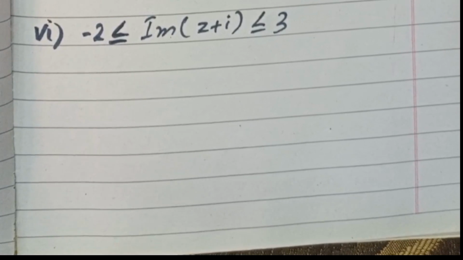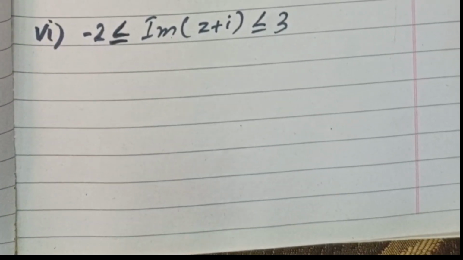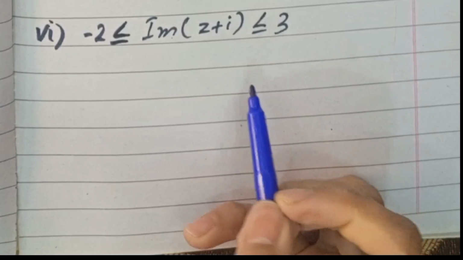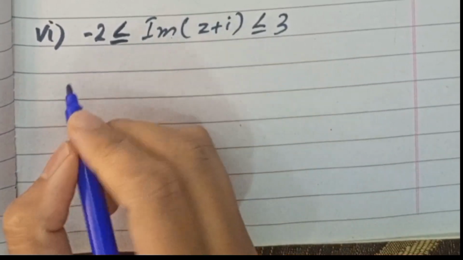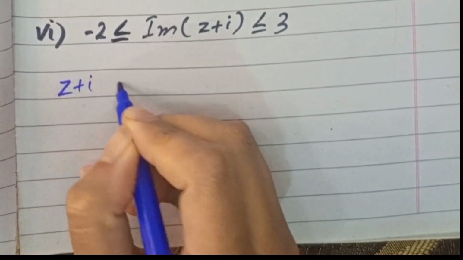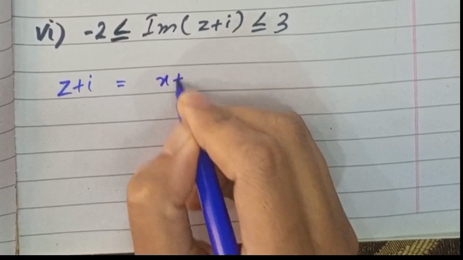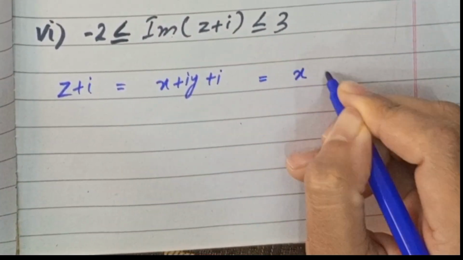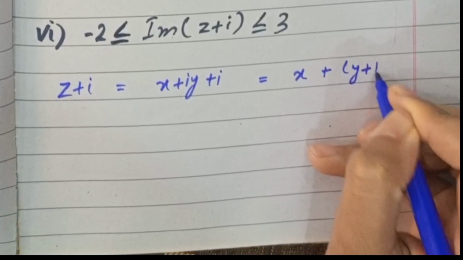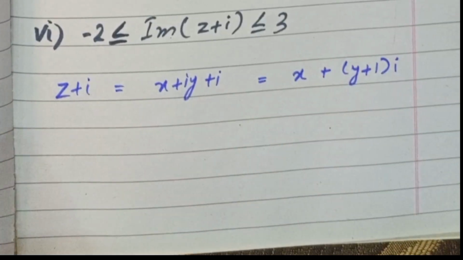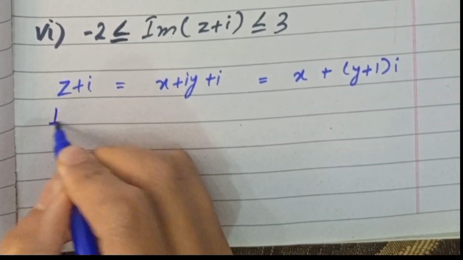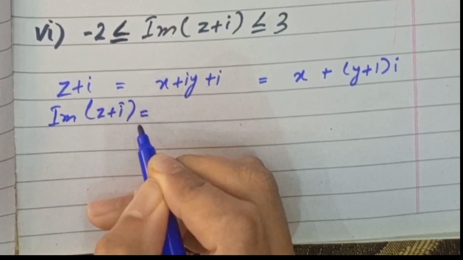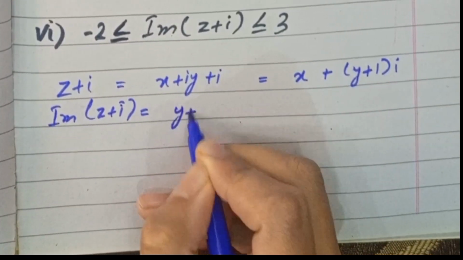Part number 6 is minus 2 is less than or equal to imaginary part of z plus iota, which is less than or equal to 3. This is also interesting. Z plus iota, first we will solve. That is x plus iota y plus iota, and in this the real part is x and the imaginary part is y plus 1. So the imaginary part of this z plus iota is y plus 1.